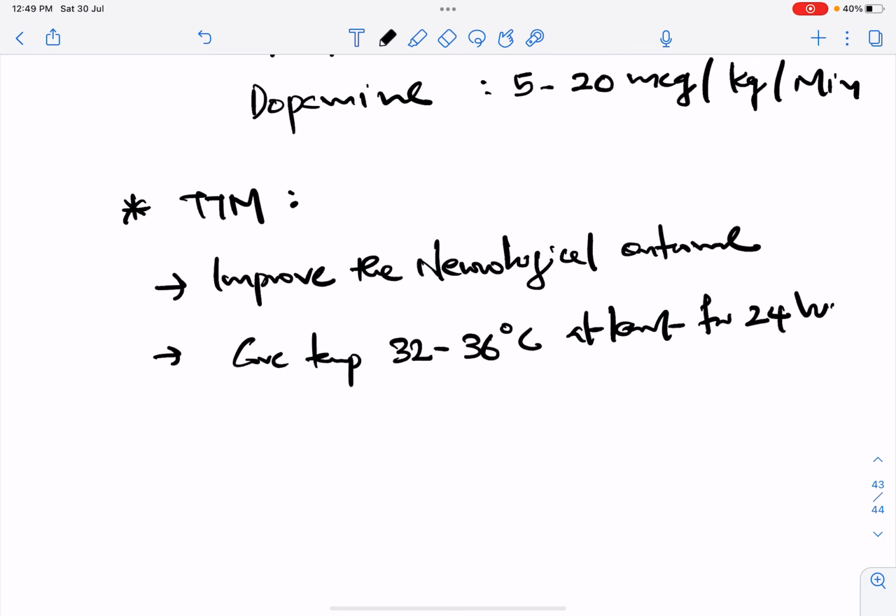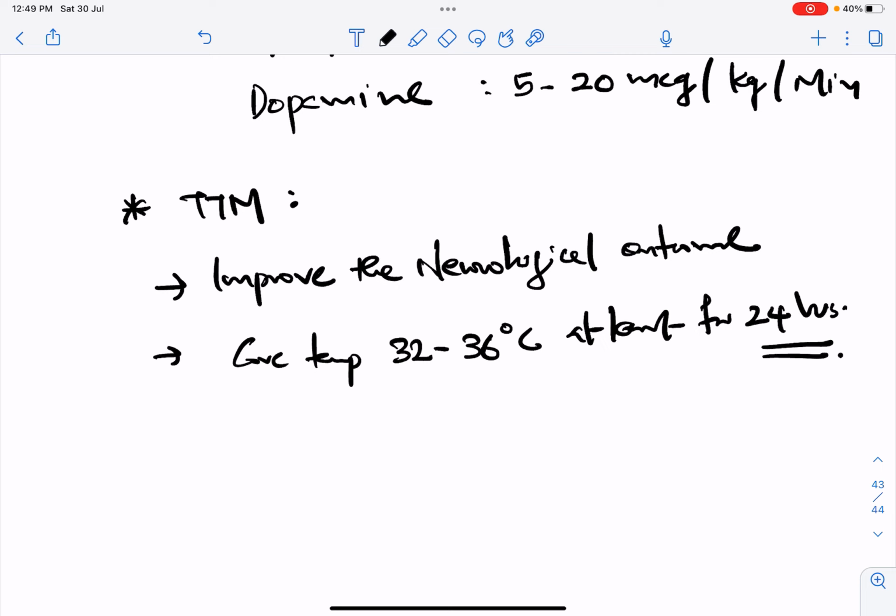That is important. It can be achieved by rapid infusion of ice cold isotonic, non-glucose containing fluid at a rate of 30 ml per kg, or we can use external agents like ice packs kept in the axilla to decrease the body temperature. So that is about targeted temperature management.